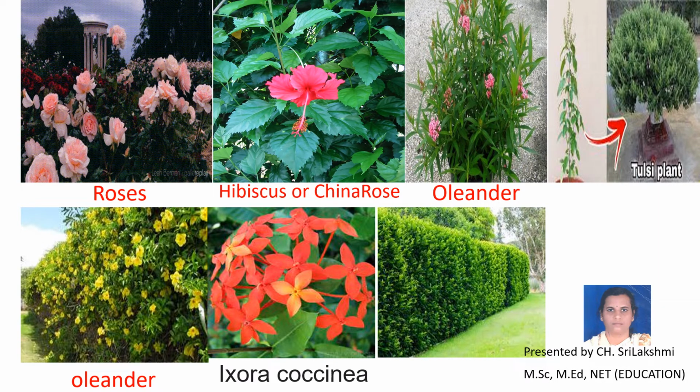Yellow oleander is also a shrub. Why? Because it is smaller than the tree and it has many branches. Ixora also comes under shrubs. Crotons also come under shrubs.